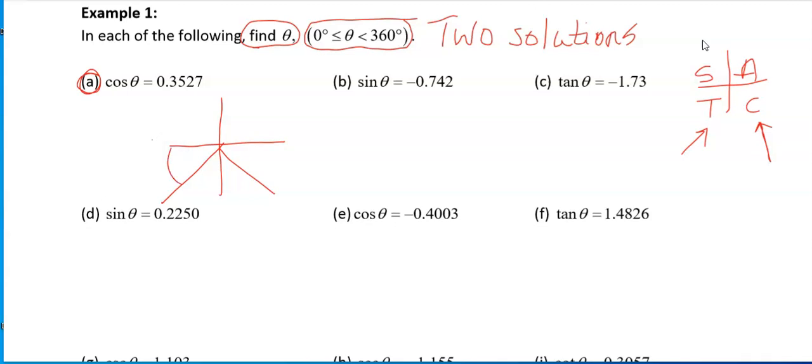Here's my reference angle between the terminal arm and the closest x-axis, and here's my other reference angle on the other side. So again, I'm going to calculate my alpha. It is definitely the inverse sine, but now do not use your negative. Leave the negative out. So it's just positive 0.742.